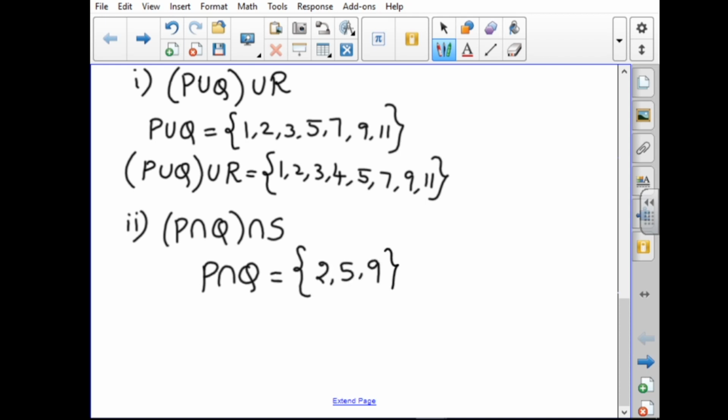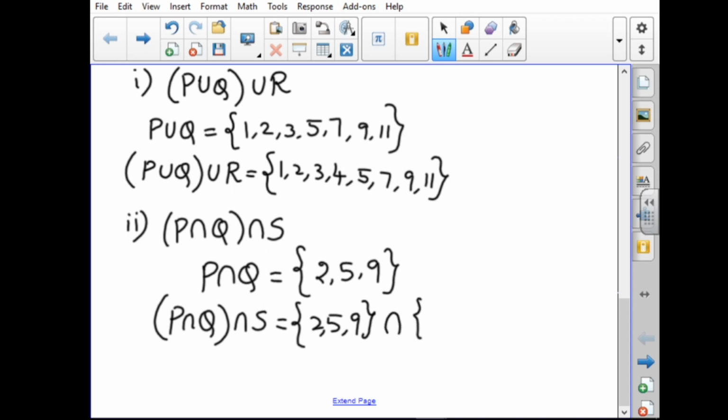Next we should find P intersection Q intersection S. So come back and check the common elements for {2, 5, 9} intersection S. S is {2, 3, 4, 5, 8}.